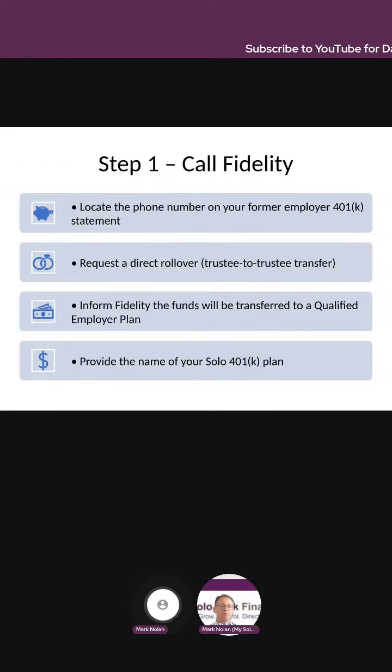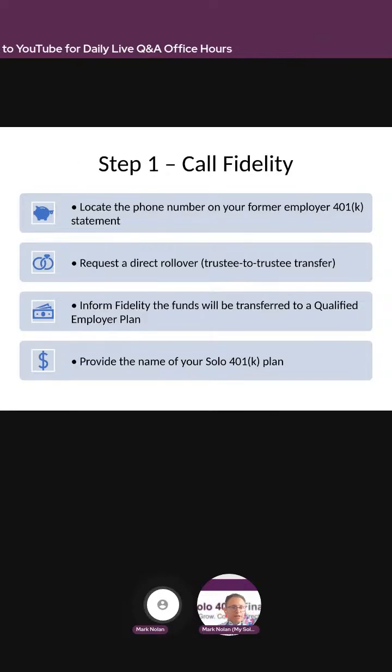So typically you're going to want to call the phone number located on your former employer 401k account statement. And when you call Fidelity, you're going to explain to the representative that you want to process a non-taxable direct rollover from a former employer 401k to a solo 401k.